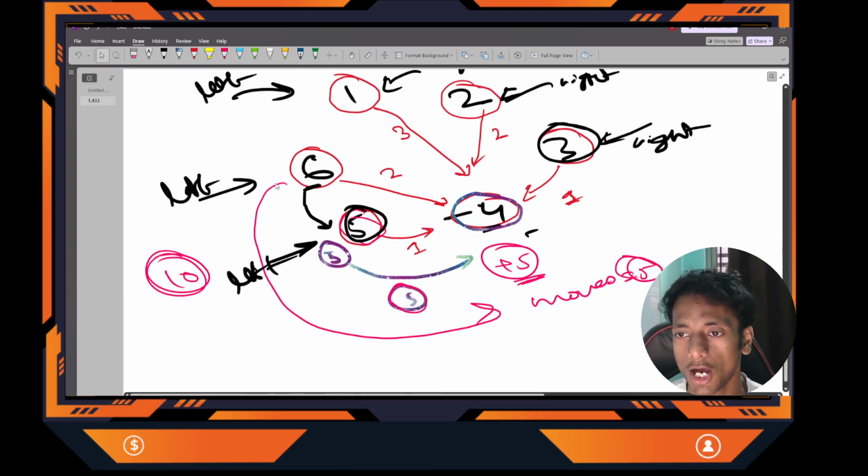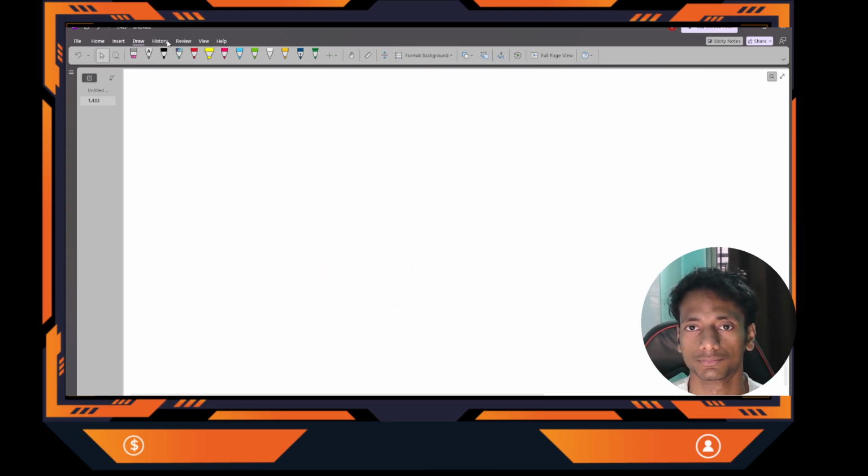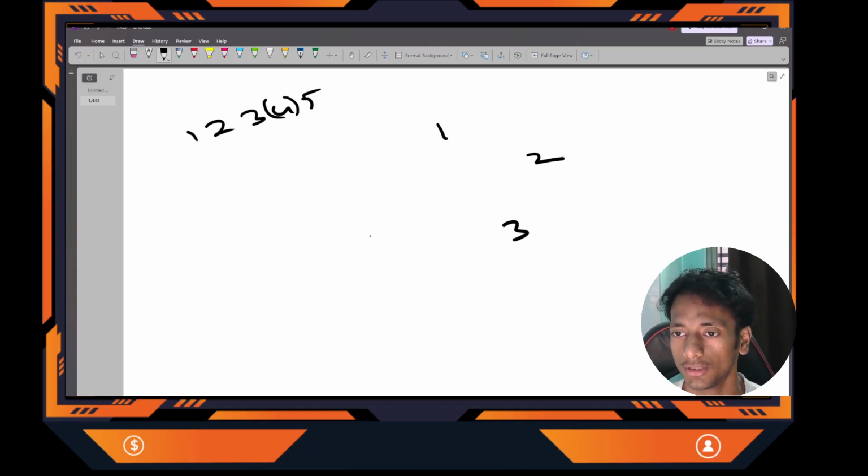So how many options are possible? 1 2 3 4 5. Suppose this person has a negative balance. For this person, this is already negative, so I cannot transfer any amount from here.